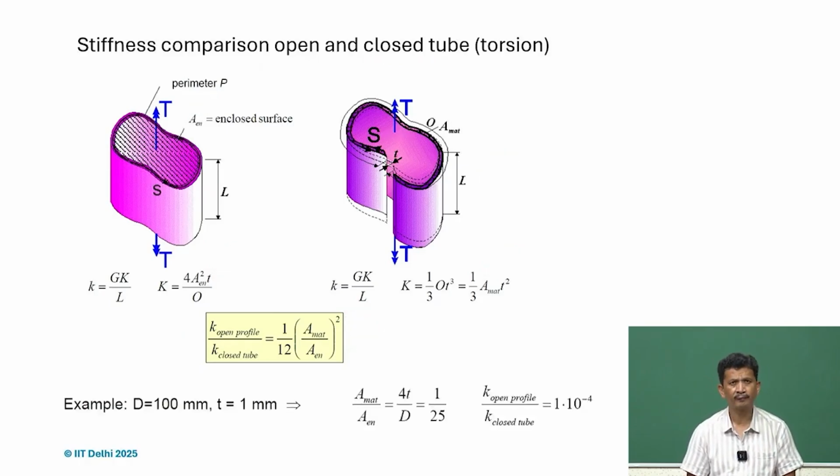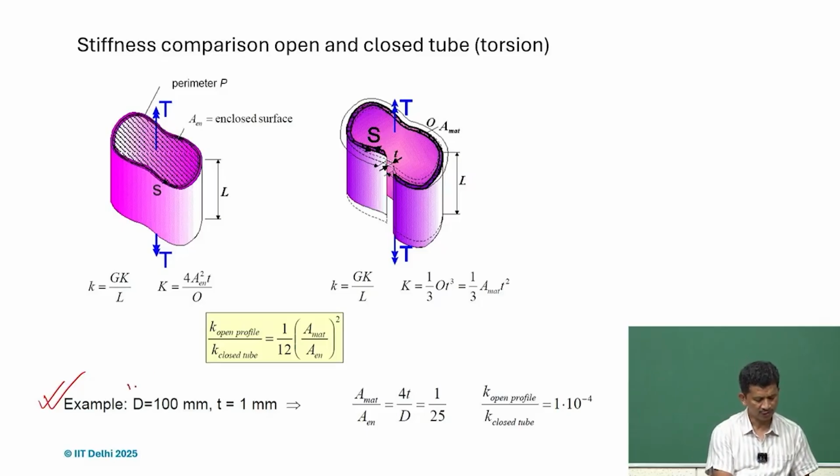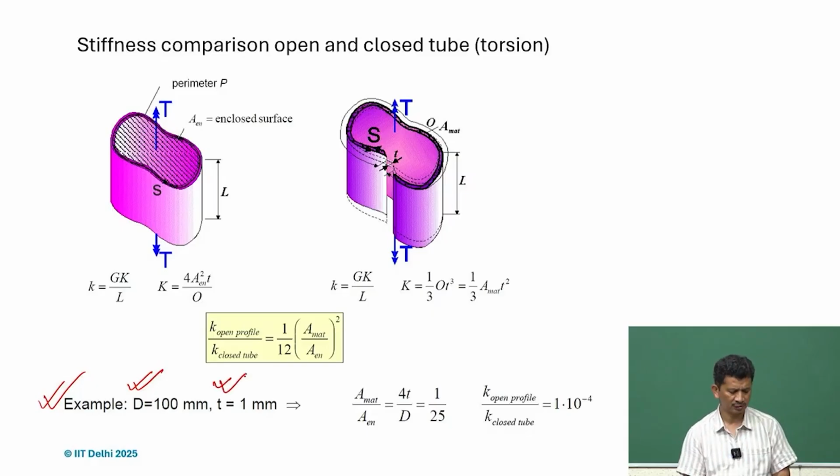So just to understand that, if we take one example, a circular thin tube with the same dimensions, diameter 100 millimeter and thickness 1 millimeter, but one is closed and the other one is open.